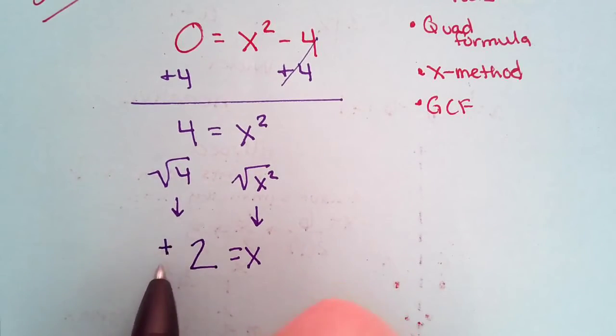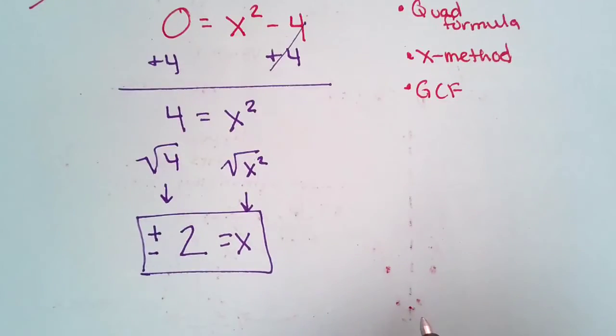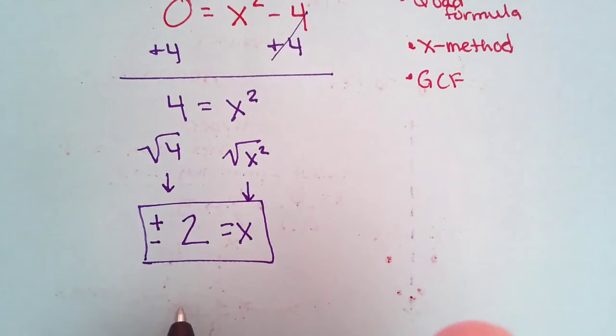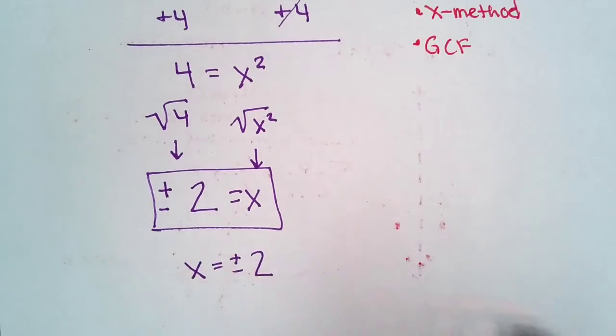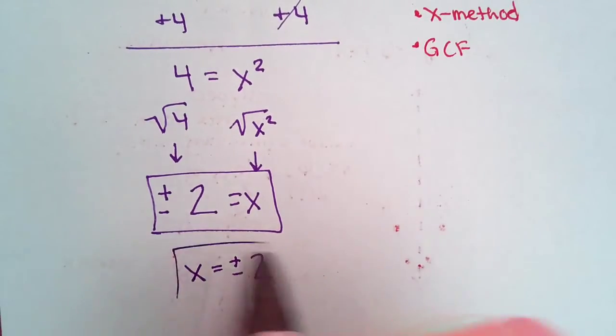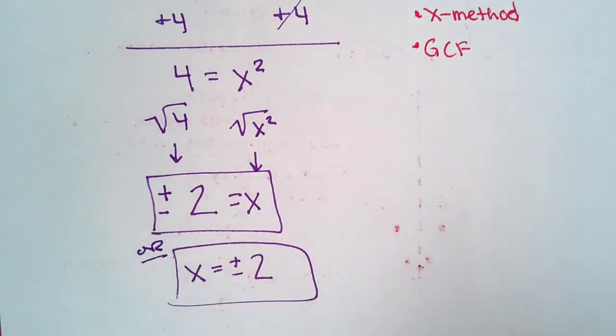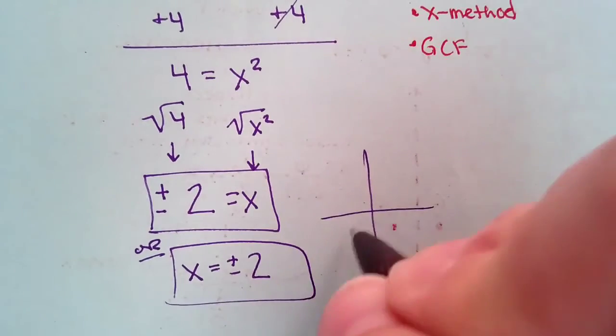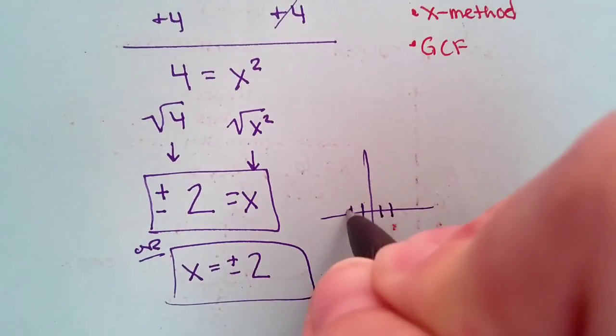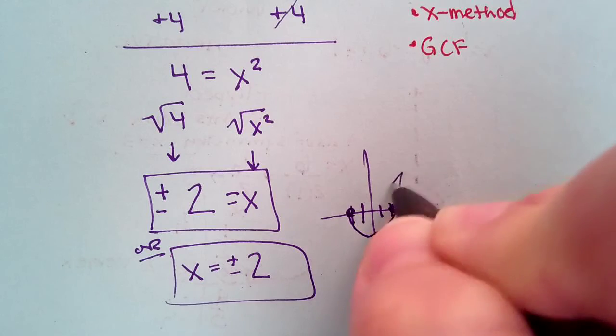Could be positive 2, could be negative 2. I know most of you like to see your answers this way, with x on the left. Either way is fine writing it. Remember, this is where your parabola hits the x-axis.